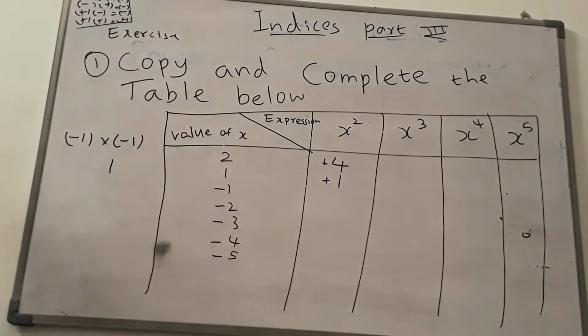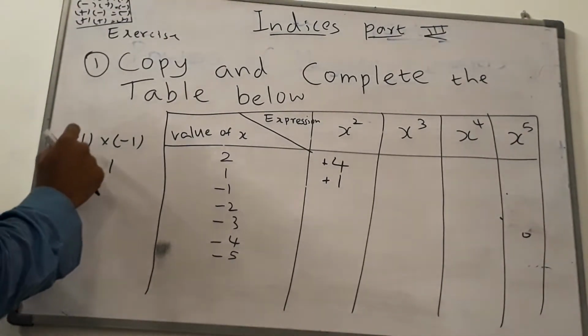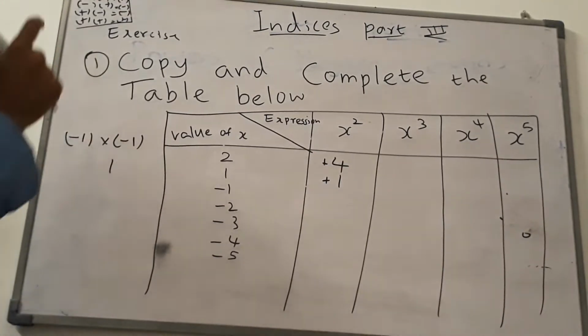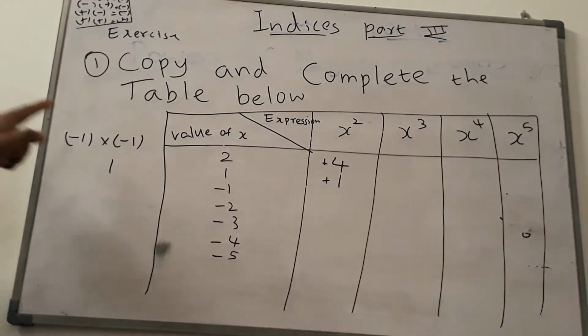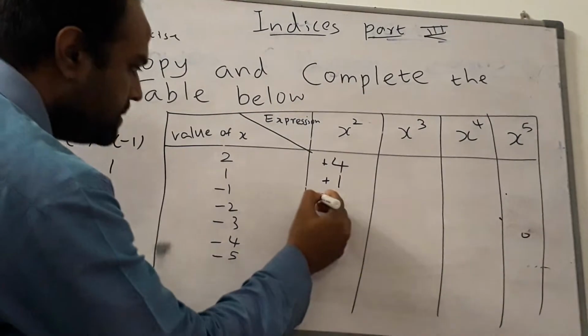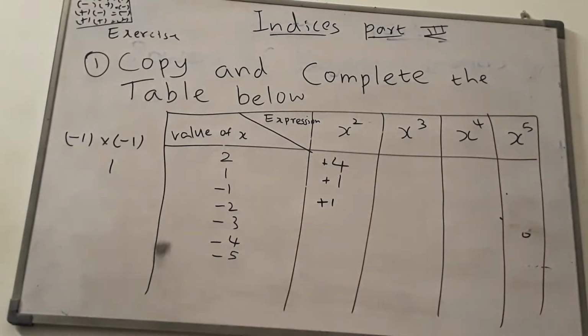So if the signs are the same, for example minus and minus, the answer is plus. So minus 1 times minus 1 is plus 1 here as well.